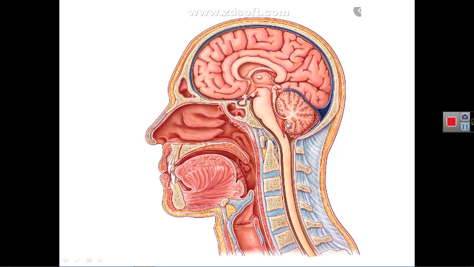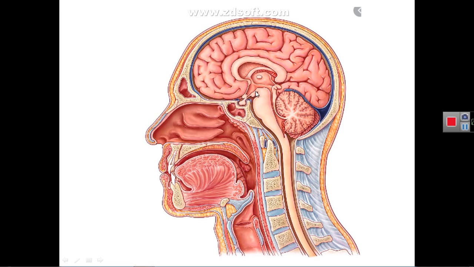Finally, I want everybody to be oriented to the relation of the osteology of the skull to parts of the structures that I will describe here, a mid-sagittal section of the head. You can see this is the medial aspect of the frontal part of the cerebral hemisphere. This is the corpus callosum. You can see that the frontal lobe lies in the anterior cranial fossa.